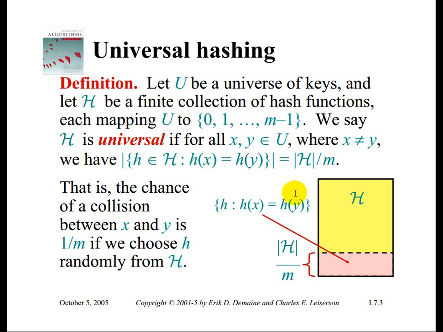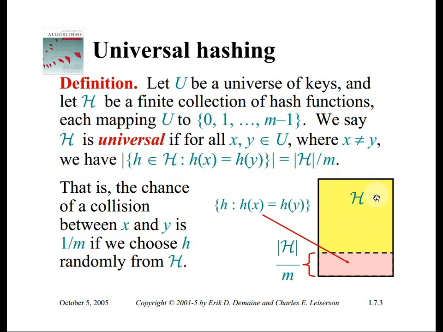What does this statement mean? For all keys x and y, elements of U, which is the universe of keys, where x is not equal to y, the number of functions where h(x) equals h(y), meaning both x and y map to the same bucket, is the total number of hash functions divided by m.